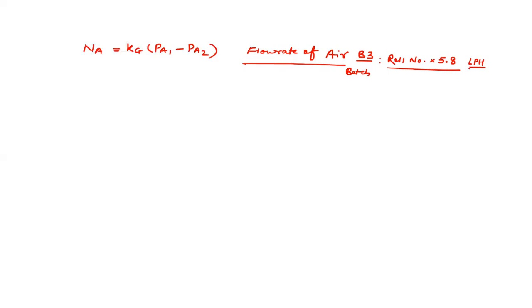Take your roll number multiplied by 5.8 will give you liter per hour. This is a unique value so that everybody has a different calculation. Yes, there's no repeat. This is the flow rate of air. Now, how do you know how much water is added? So, Na is in kilomole per meter square per second.